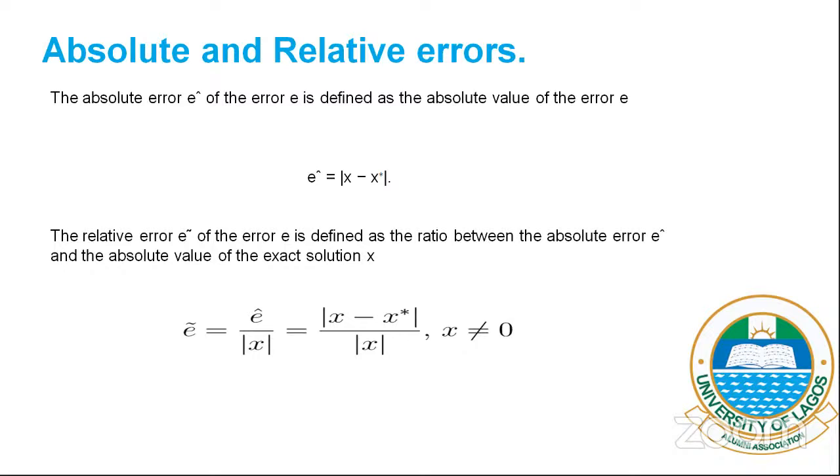What is the difference between these? The one that has a cap is the absolute error, while this one that has something like an approximation is the relative error. That's the sign used to denote the relative error, while the one without the cap is just the error itself, sir.